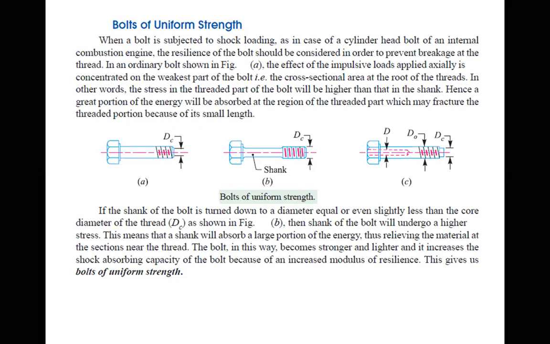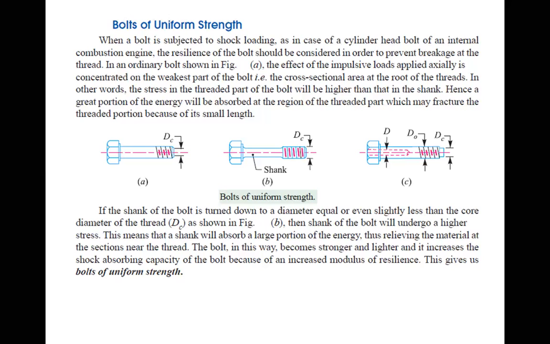Because of that, there is a chance of stress concentration when it is subjected to simple, impact, or variable loading. There is stress concentration in our bolt, and that stress concentration is mainly on the threaded part.